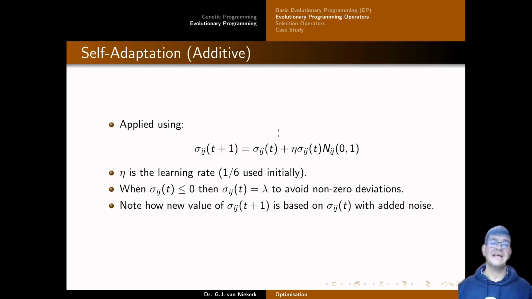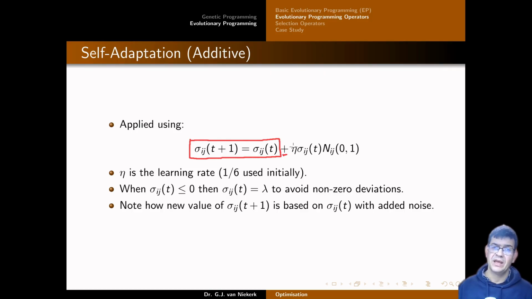So the first self-adaptive technique is that of additive. A common theme that you'll see with all three of these techniques is this part, where the strategy parameter for the child or the offspring, sigma_ij(t+1), is whatever the parent is with some modification. Because this is additive, it means we're going to add something to it. What do we add to it? Some value that you see over here.